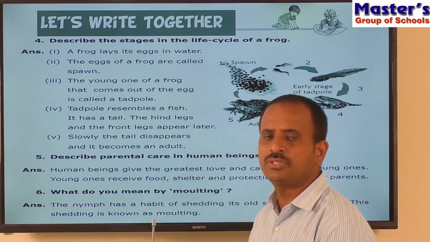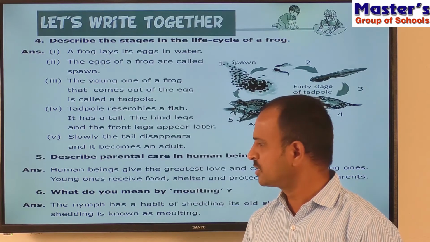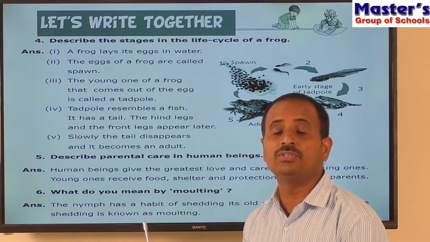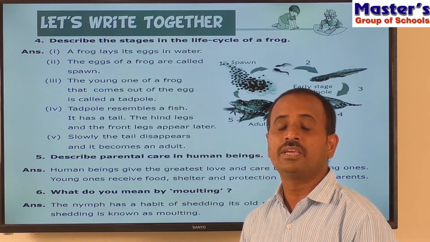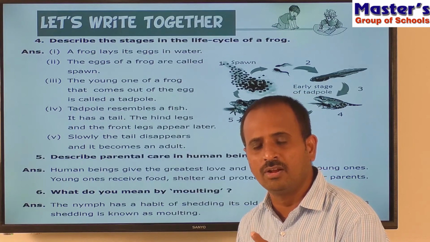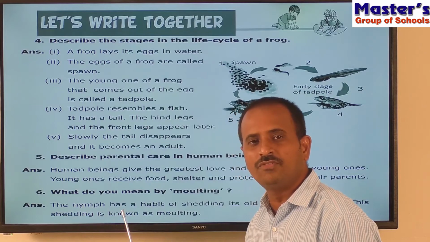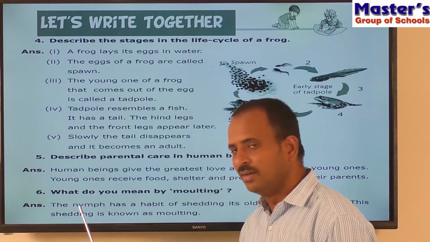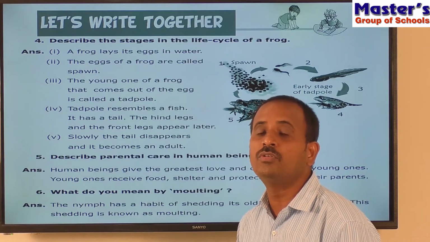In the cockroach also, there are 3 stages in its life cycle. First the cockroach lays eggs, and these eggs give out smaller young ones which are called nymphs. So what is a nymph? It is a young, that is a small cockroach, which comes out of the eggs.